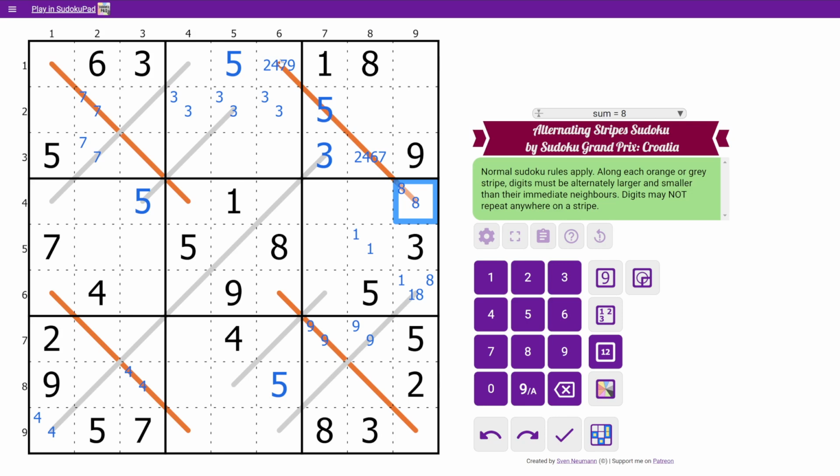If it was a 6 or a 7. If it was a 2 or 4, then it could be a 6, 7, or 8. I think that obeys the rules.